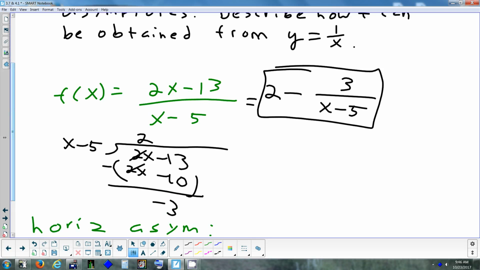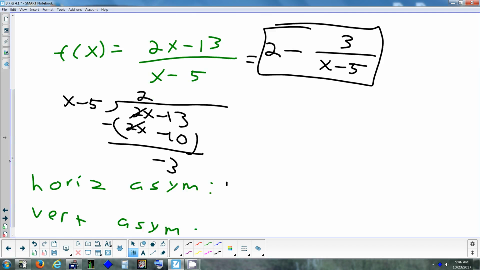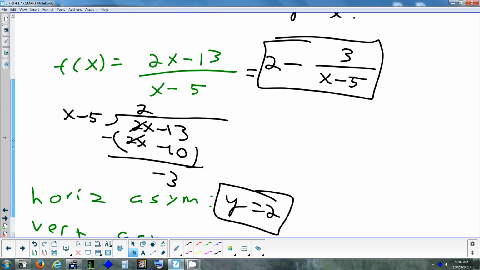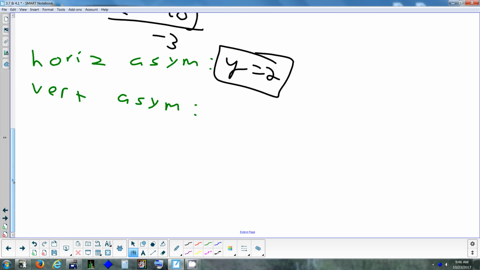Let's see. 2. And how would you write it? Perfect. Y equals 2. Okay. How about, yeah, Megan, what's the vertical asymptote? X equals 5.